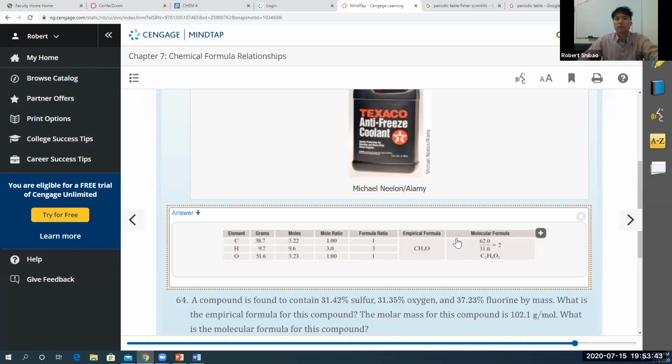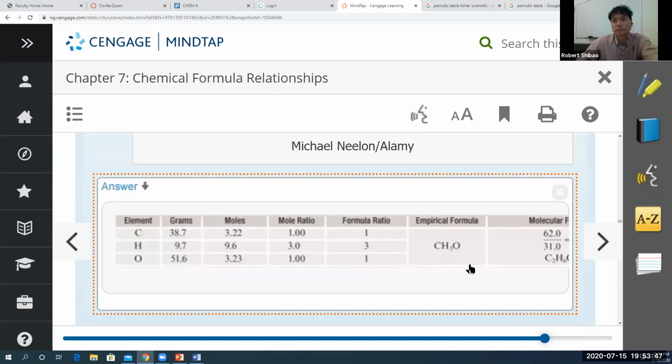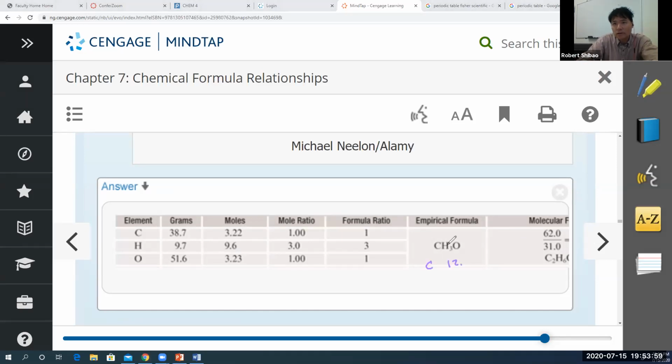So let's figure out the mass of this unit. We have one carbon atom, and a carbon atom weighs 12.01 on average. We have 3 hydrogen atoms at 1.01 each, so that's 3.03.